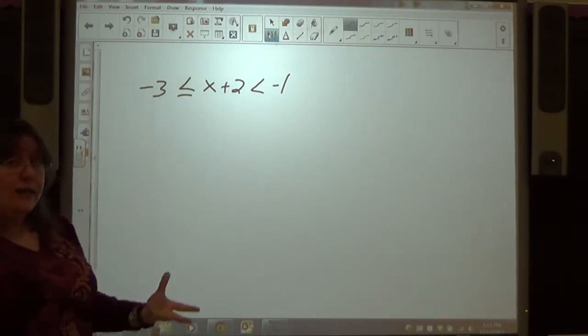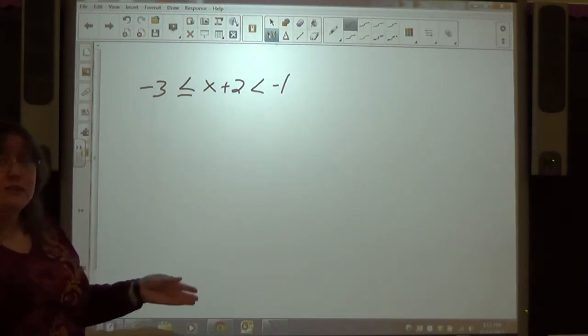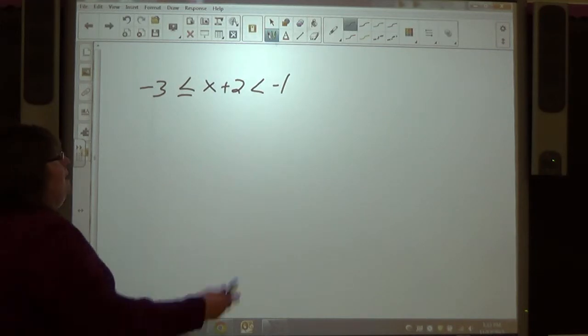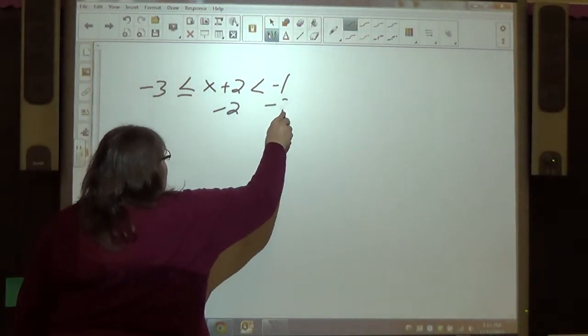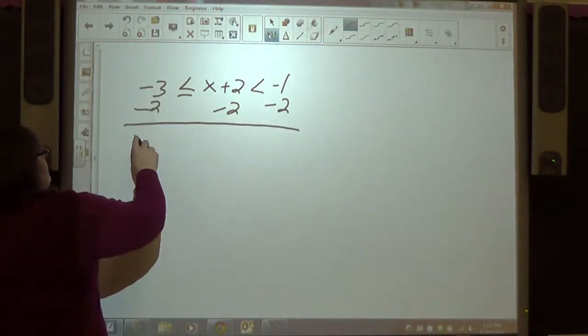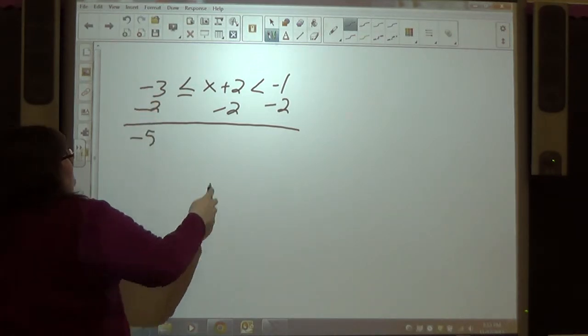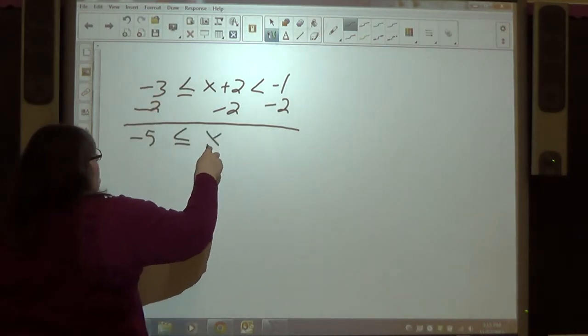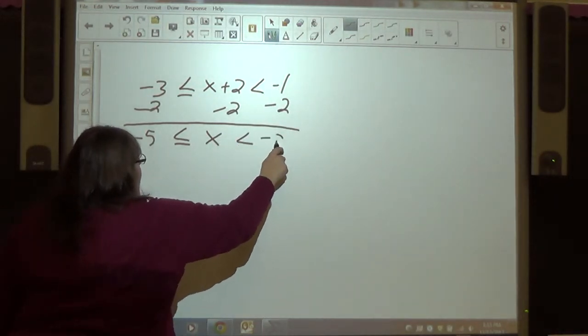But it's like an equation, except now I have 3 parts. What I do to one part, I have to do to the others. So I subtract 2 there, I subtract 2 there, I subtract 2 there. Negative 3 minus 2 is negative 5. The symbols are the same, just add the numbers, keep the sign. Less than or equal to x. Less than, again, signs are the same, add the numbers.